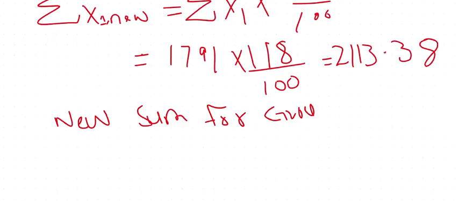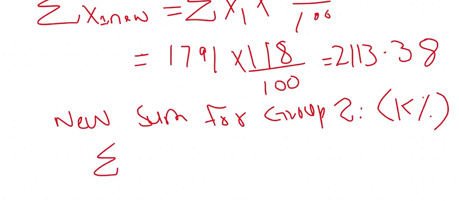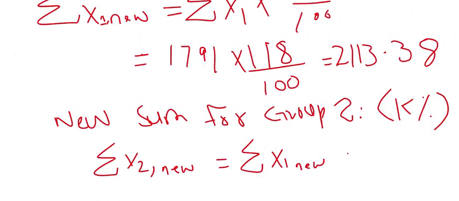So I'm writing over here summation x2 new equals, sorry, we have summation x2 multiplied by 100 plus k, divided by 100.